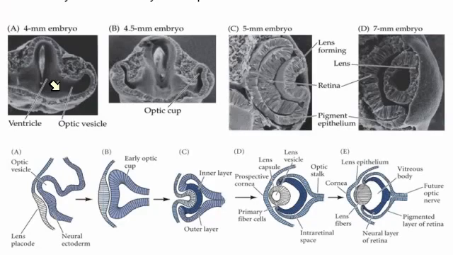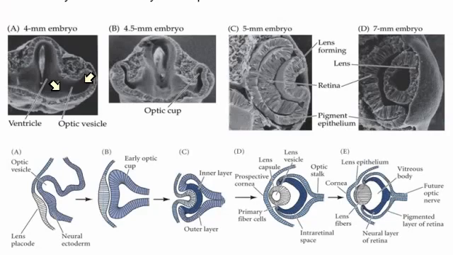These are a series of scanning EMs taken from a chick embryo, but it's representative of all vertebrates, including humans. Where I've just put the arrow is the beginning of the optic stalk leading to the optic vesicle, the structure all the way over here to the right. The optic vesicle is really part of the brain that's pushing out early in development.